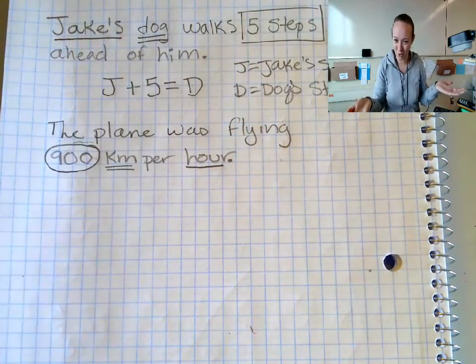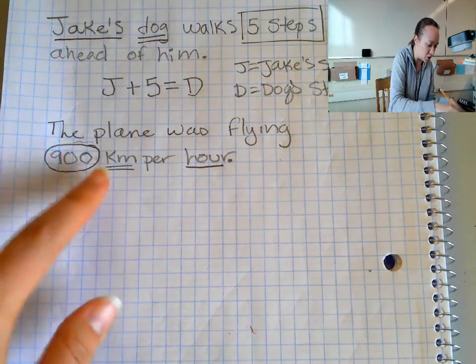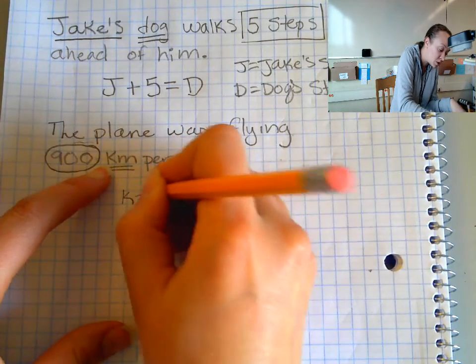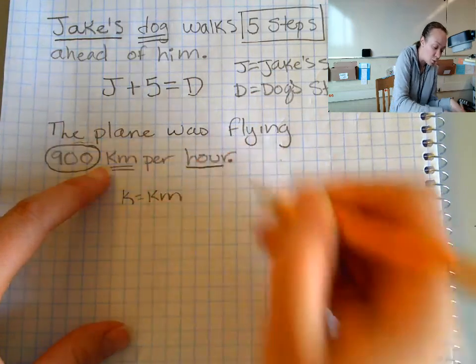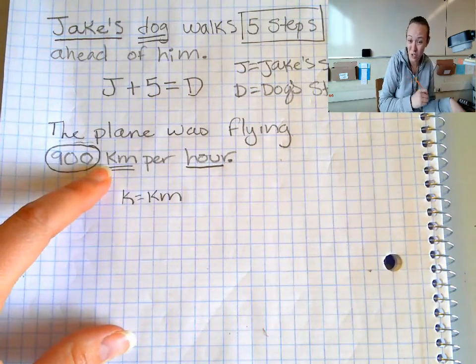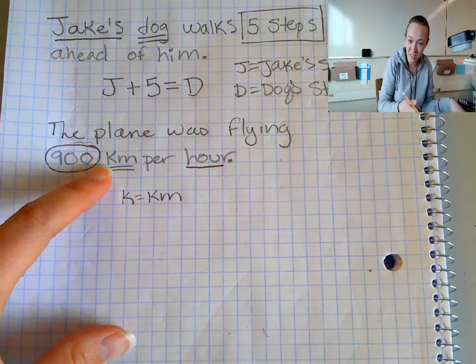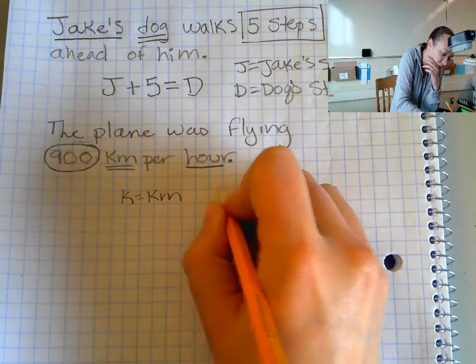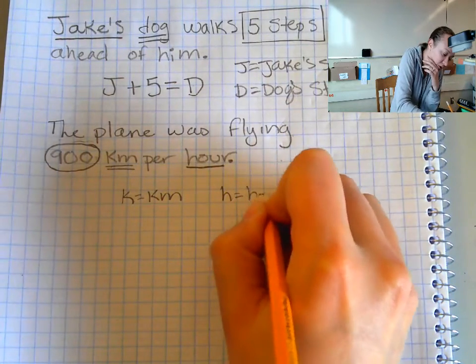So now what variables do we want to use? We could do K for kilometers, or you could do D for distance, or you could do P for the plane's distance. Any of those are fine as long as you know what they are. And maybe I'll do H for the number of hours.